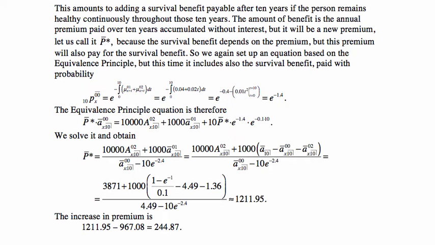But it will be a new premium, and we'll call it P bar star, because the survival benefit depends on the premium, obviously. But this premium will also pay for the new survival benefit, so it will have to be bigger. So we again need to set up an equation based on the equivalence principle, but this time it will include also the survival benefit, and the survival benefit will be paid with what probability?